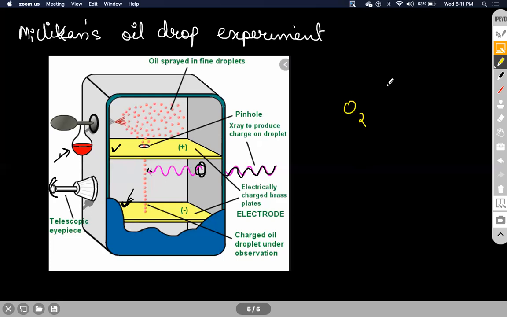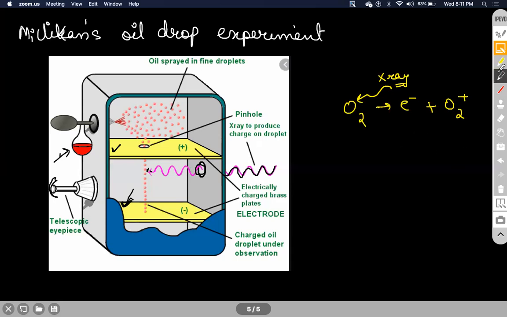When this gas particle is struck by the X-ray, it will emit electrons. These electrons will be taken up by the oil droplets.